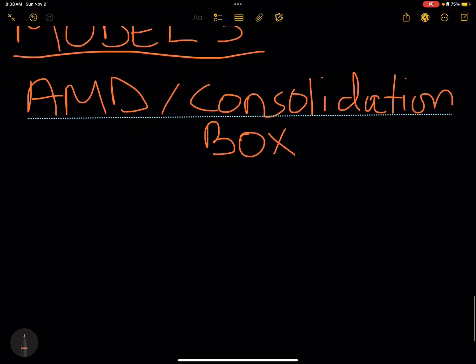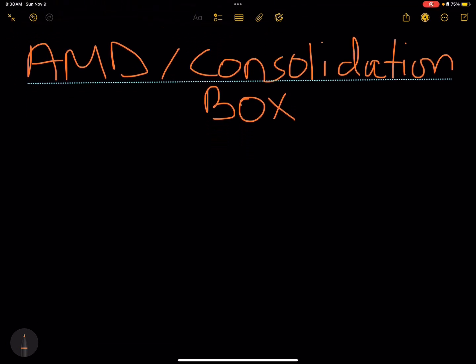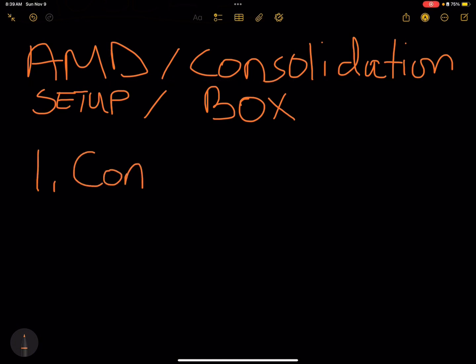Okay, so the conditions that must be met for the consolidation box or AMD setup. Number one, you need a consolidation range, so there must be a consolidation happening.